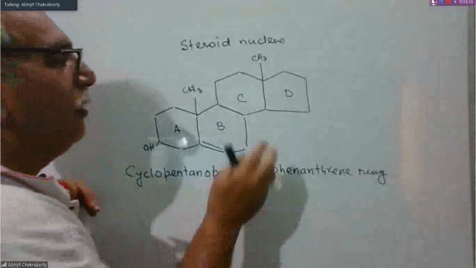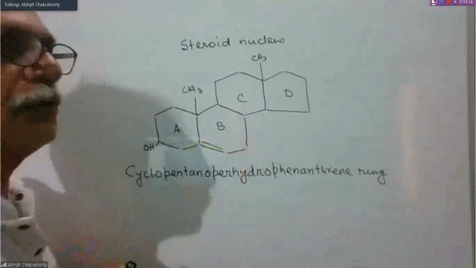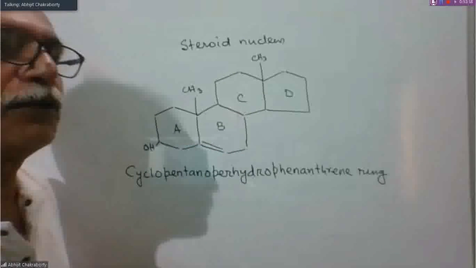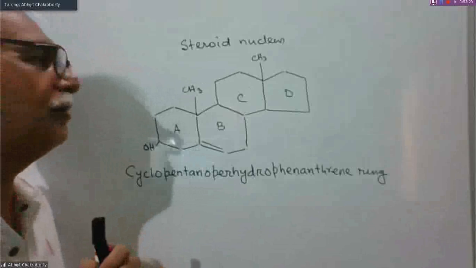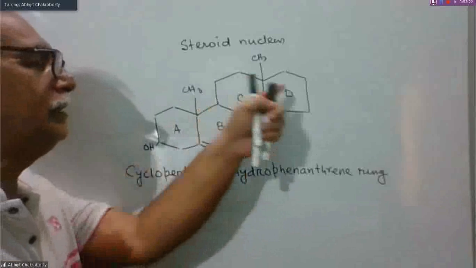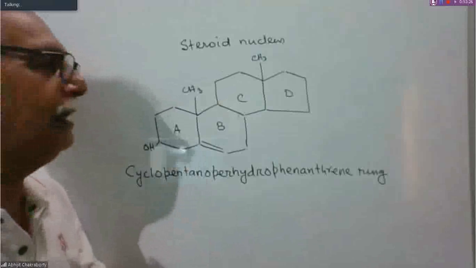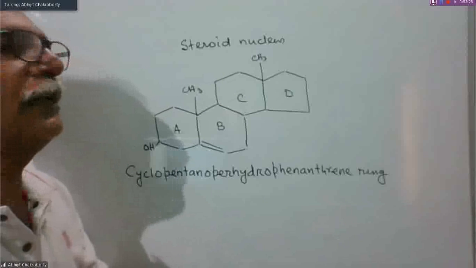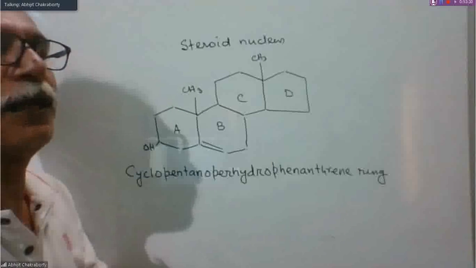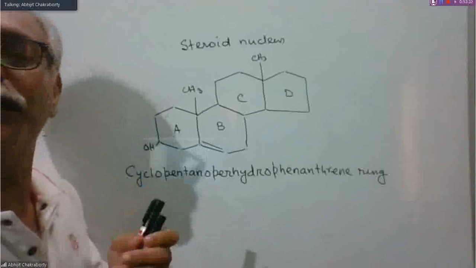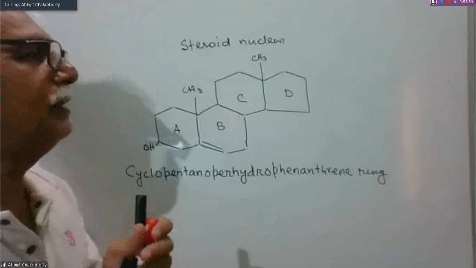So in all steroids or sterols or cholesterols, the common feature is this: you should have this structure, the cyclopentanoperhydrophenanthrene ring, and then there should be an aliphatic chain added to it to form the different sterols. In case of cholesterol, I am taking the same diagram here.